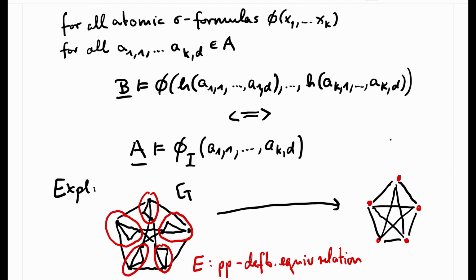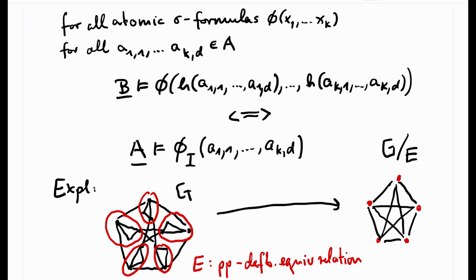Now, I claim that the graph K5, the clique with 5 vertices, has a primitive positive interpretation in this graph. The dimension of the interpretation is 1. The atomic formula x equals y in K5 has the defining formula E applied to x and y.